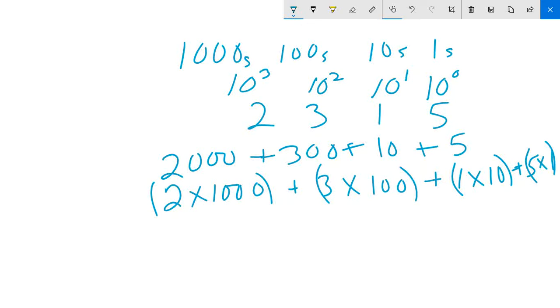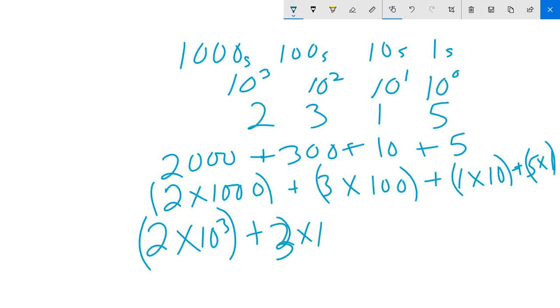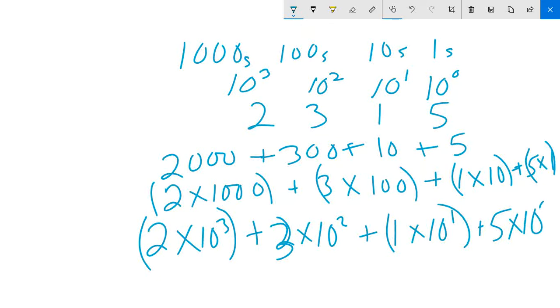And then we learned a third way of expanded form. We learned that we could put 2 times 10 to the third plus 3 times 10 squared plus 1 times 10 to the 1 plus 5 times 10 to the 0.